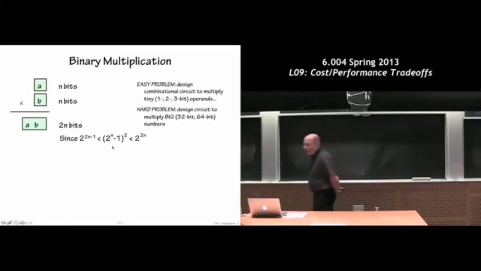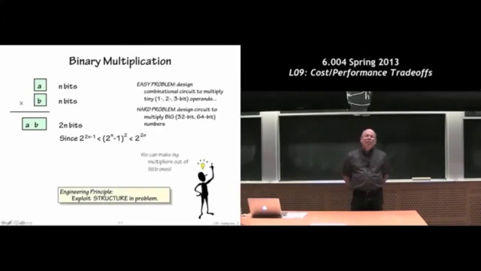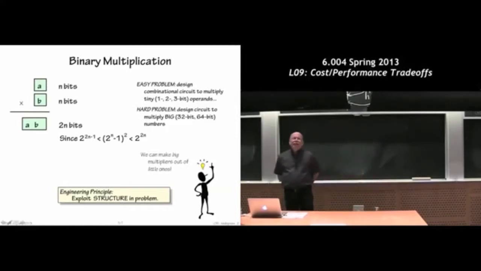It can pay to think a little about the problem and find out if there's a way of structuring it so that we can build building blocks and then use them to assemble the final unit. We may end up with much less total work, even though we'll create the same amount of hardware. We'll do it in a structured way, letting reuse of a basic building block stand in for typing in a lot of hardware gate by gate by gate.